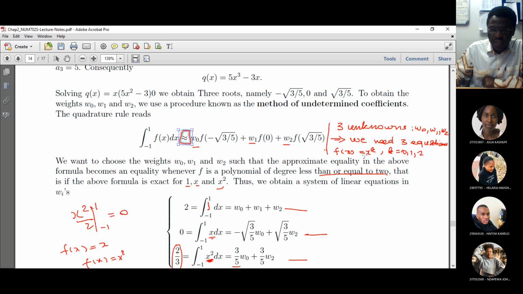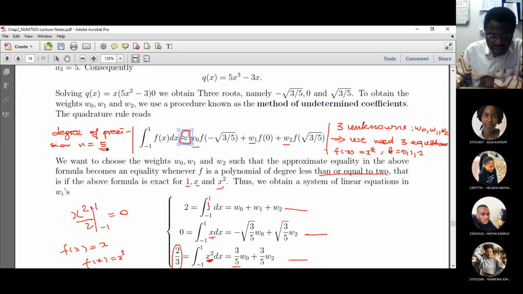So the rule itself, the degree of precision of this rule is 5. Why?